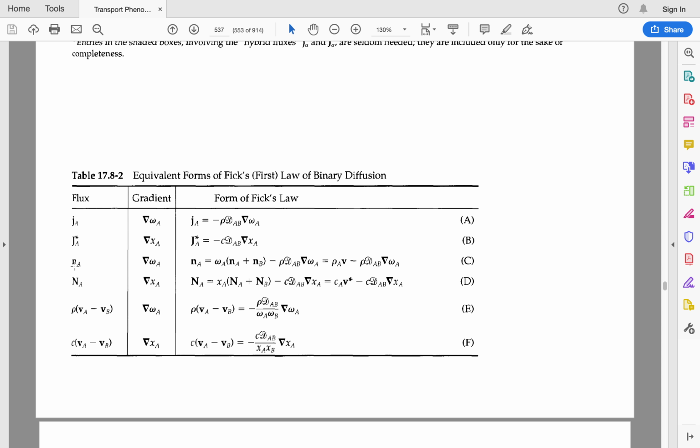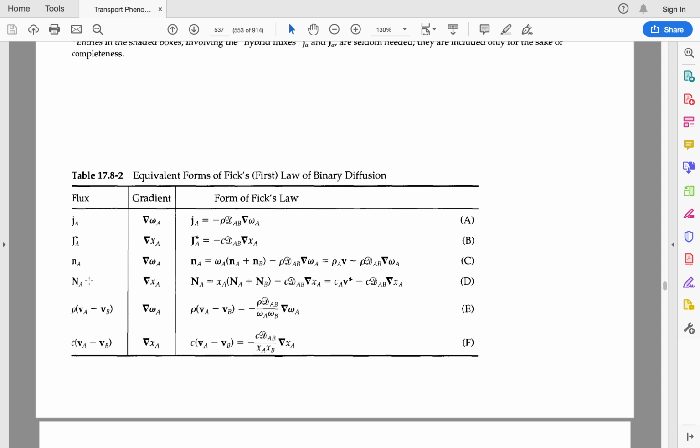So for example, for mass, n_A, the combined mass flux, where the gradient is the gradient of the mass fraction omega_A, would be equal to omega_A multiplied with n_A plus n_B minus rho D_AB multiplied with the gradient of omega_A.